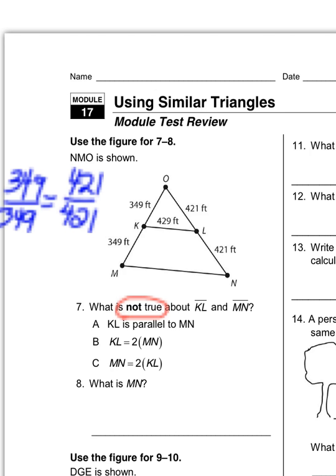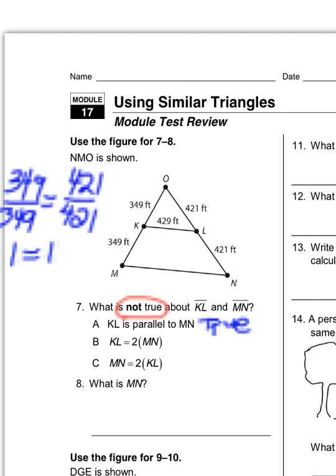So I set up my proportion. 349 over 349 is equal to 421 over 421. And I find out that this is true because 349 over 349 is the same as 1, and 421 over 421 is also 1. So that means A is true. Well, that's not our answer, but A is true.